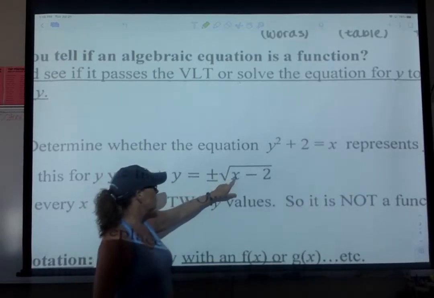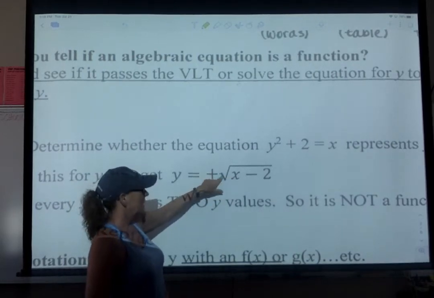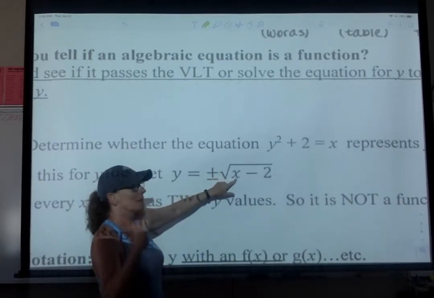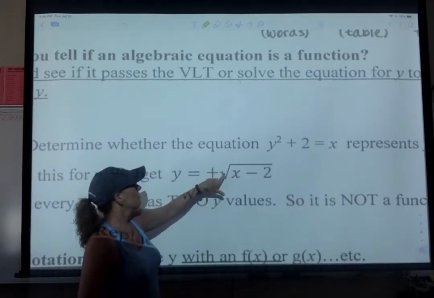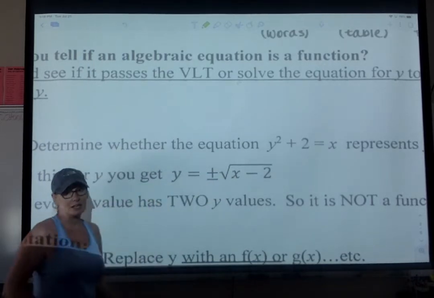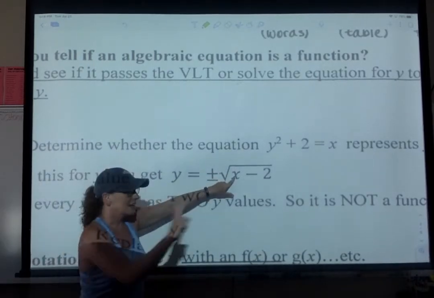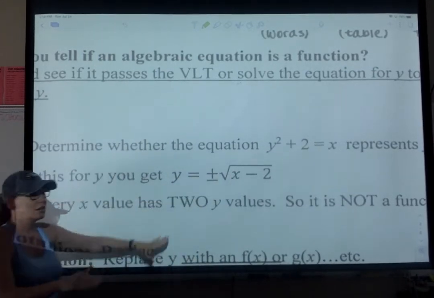Well, 6 minus 2 is 4. I plug in 6. When I do the positive root, I get positive 2 once I square root it. I can also plug in 6 and do the negative root, and I would get negative 2. So one x value can lead to 2 different y values, not a function.